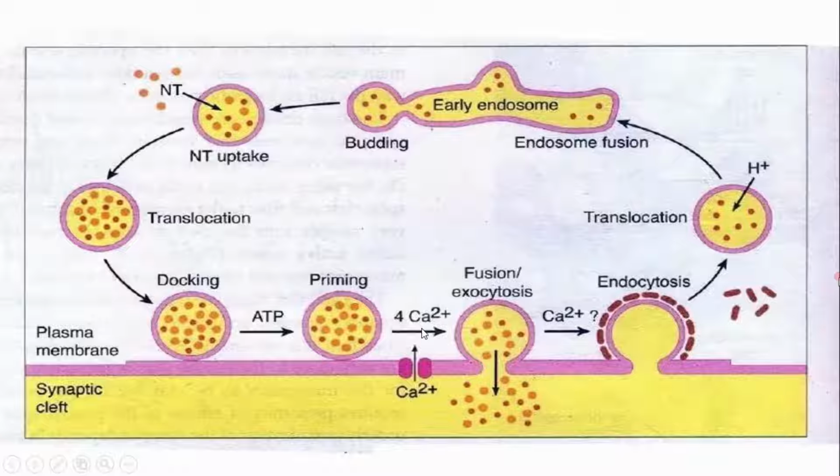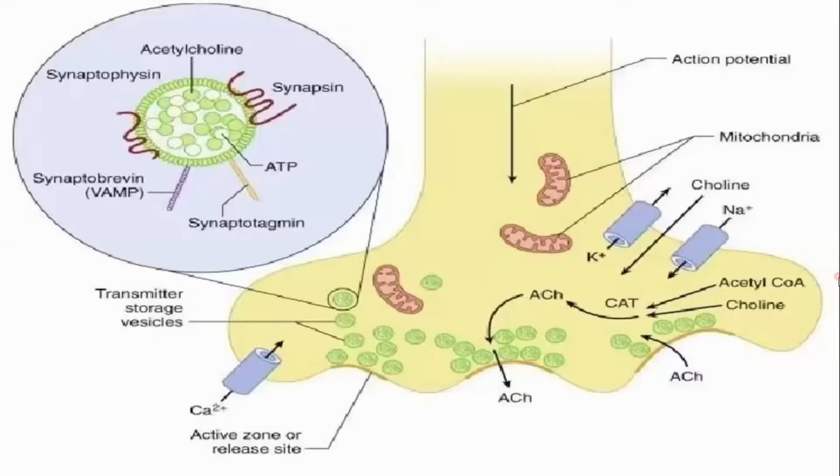Now calcium has entered. There is fusion, release of neurotransmitter. So this is the cycle for resynthesis of the neurotransmitter vesicles. We have told that neurotransmitter vesicles can be synthesized locally, or they can be synthesized in the soma and come down by the process of axonal streaming. So this was the synthesis of acetylcholine and the fate of acetylcholine.